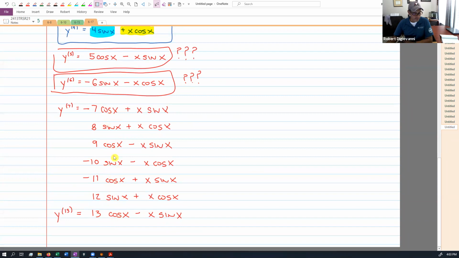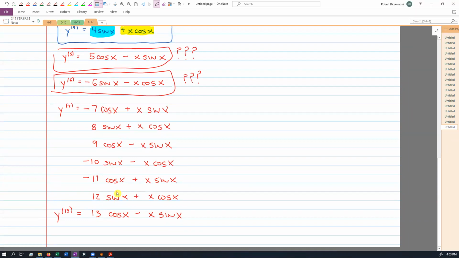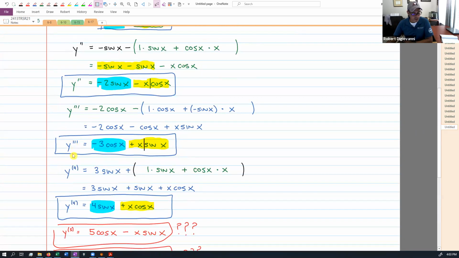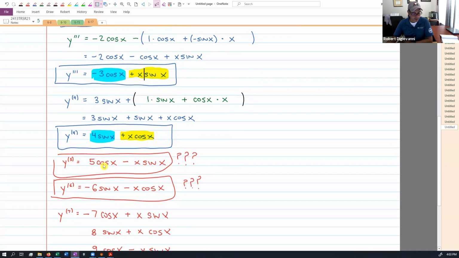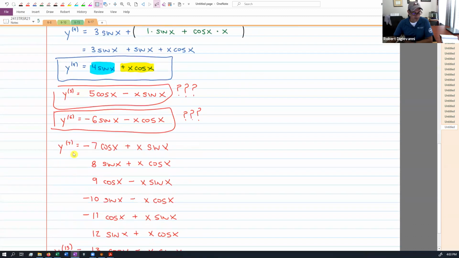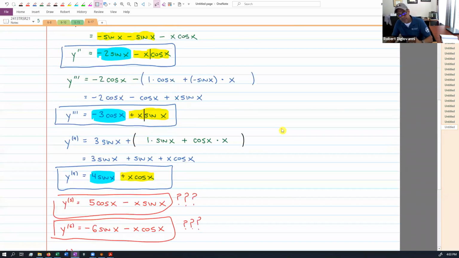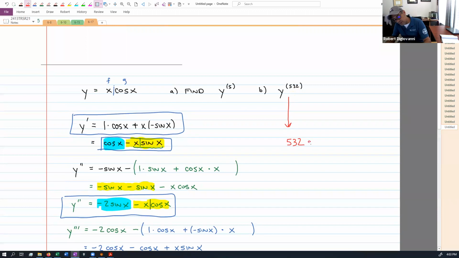What do y'all think? Sine. Why sine? Because it's even. Because all the even ones have sine. Do y'all see that all the even derivatives have sine? Cosine's odd. 4 sine, 5 cosine, 6 sine, 7 cosine. So I know that all the evens give me sines, and this is an even number, so I should have sine X here.